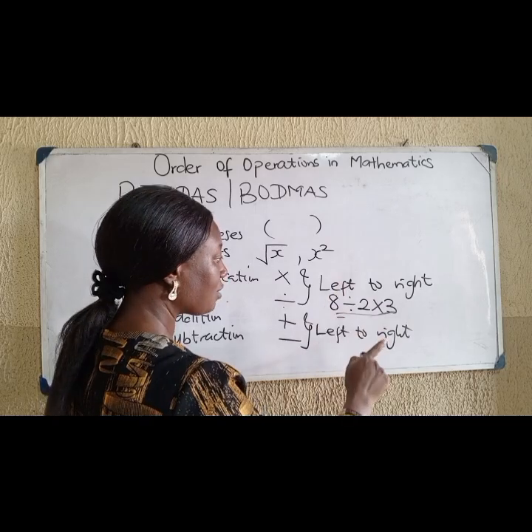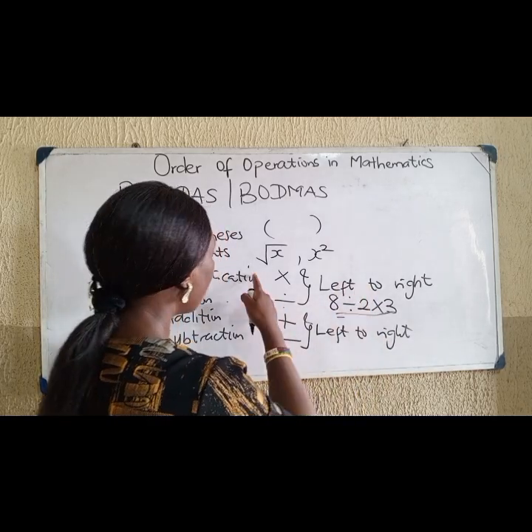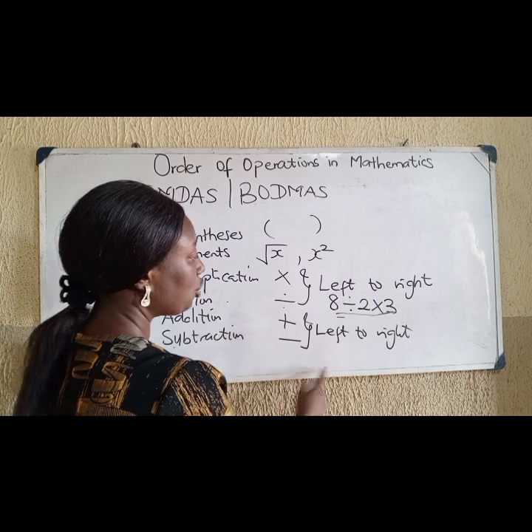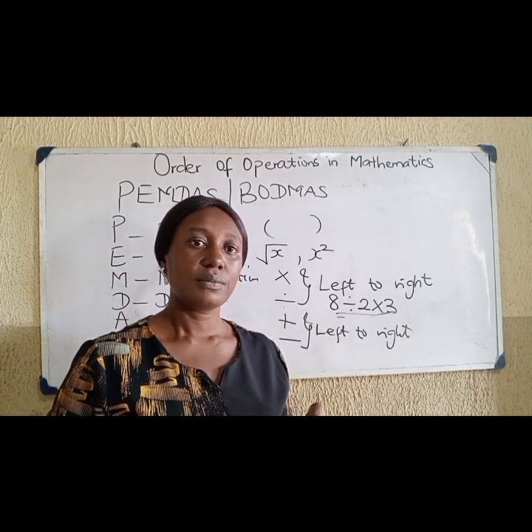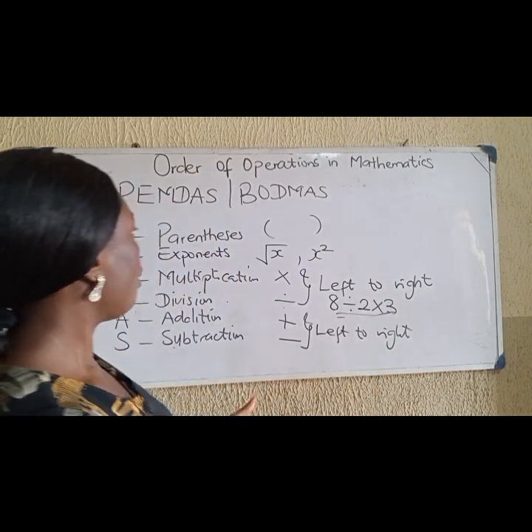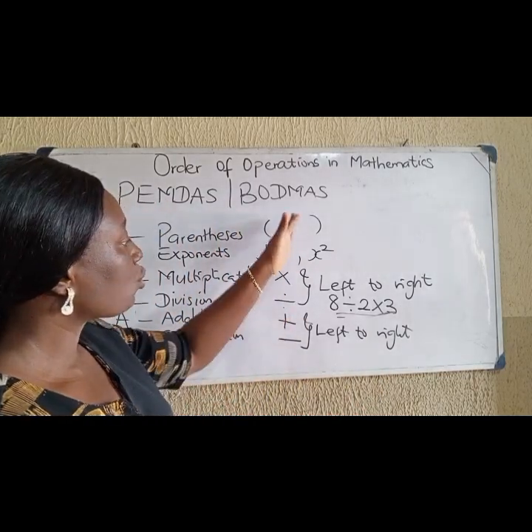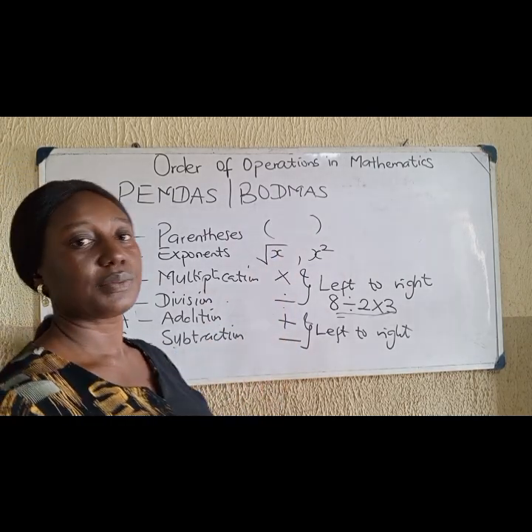Once you are able to understand these two, multiplication and division, addition and subtraction, you will get the question right. Are you listening? So you are now going to see an example on how to solve an expression that has these operations.